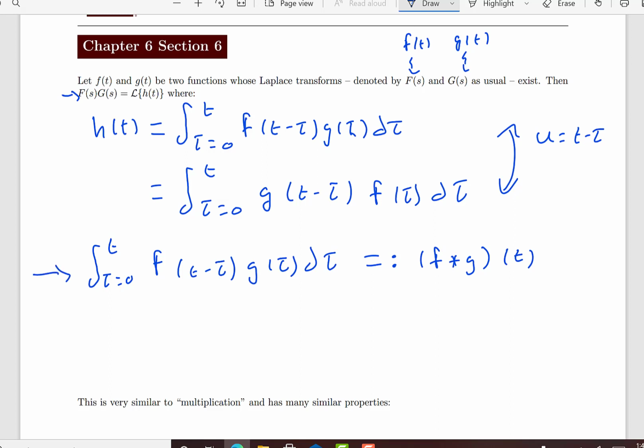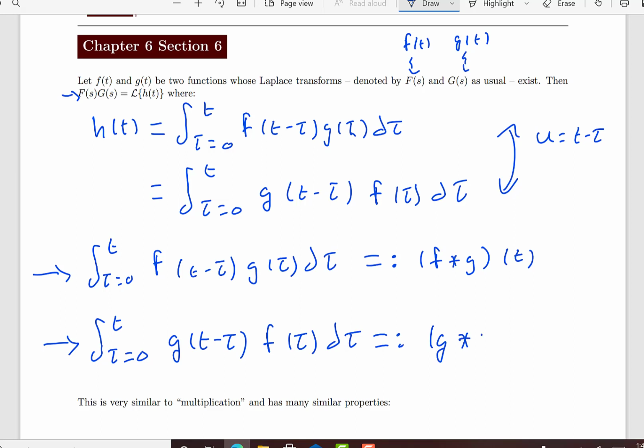And there's a symmetric definition, or a symmetric convolution. The integral from tau equals 0 to t, g of t minus tau, f of tau, d tau. This defines the convolution of g with f, so this is g convolved with f of t.